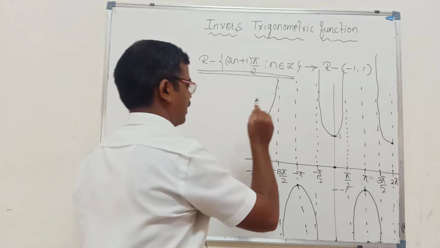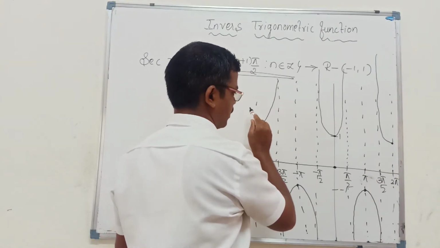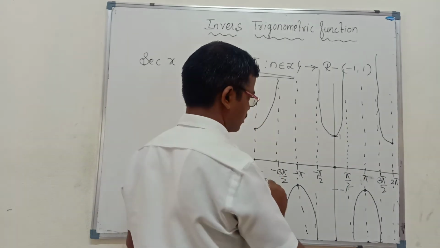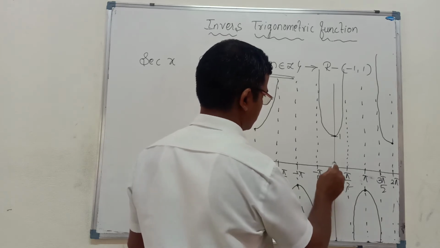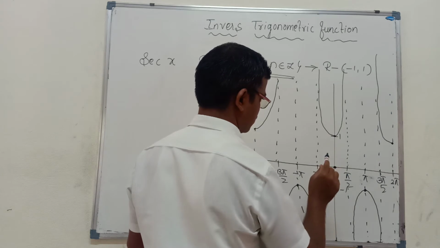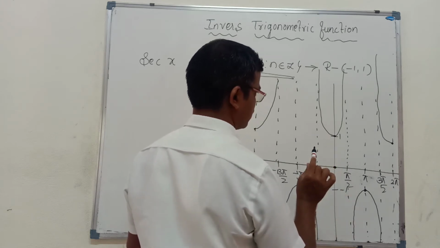If we draw a parallel line for this, at 0 it is 1, at 90 undefined.